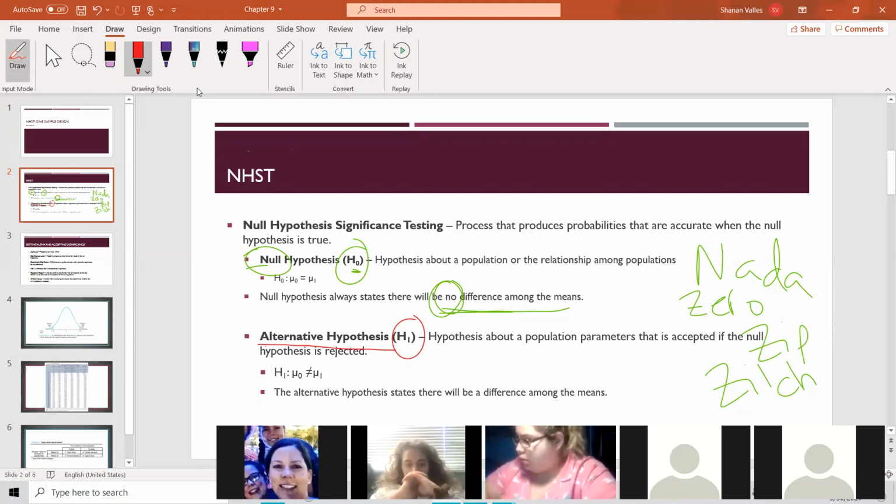And why it's a 1 really is, I mean, you can kind of think of it like, oh, it's the opposite of H0, right? 0 meaning nothing, and 1, you know, there is something. But really, the real reason why it's H1 is that in complicated research, researchers can have multiple hypotheses.